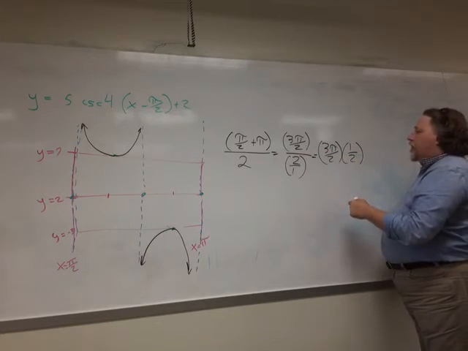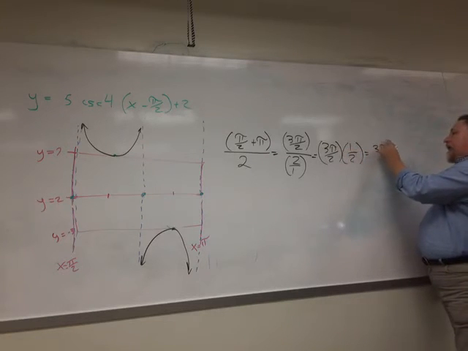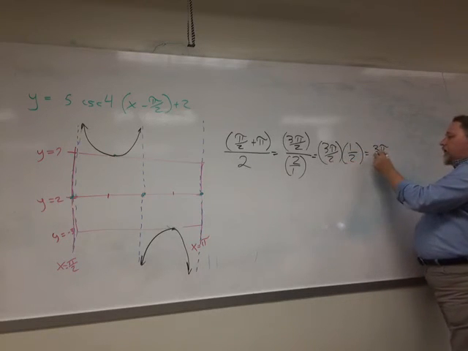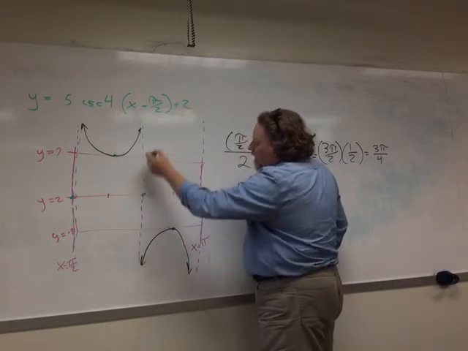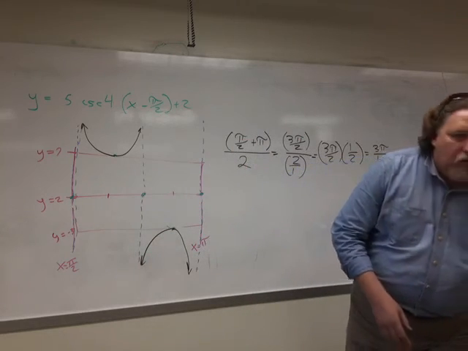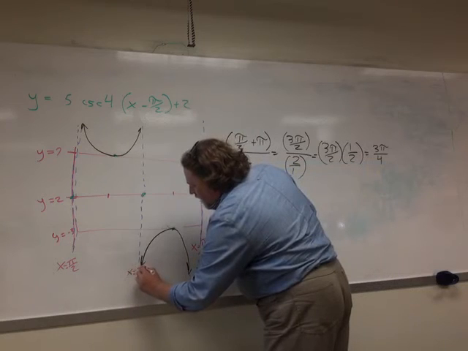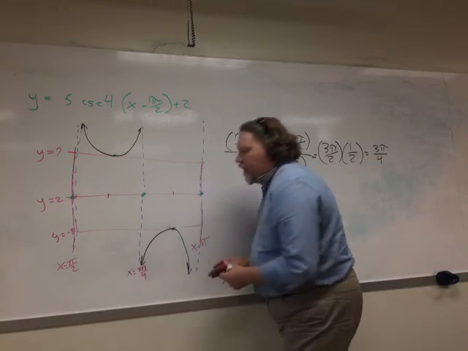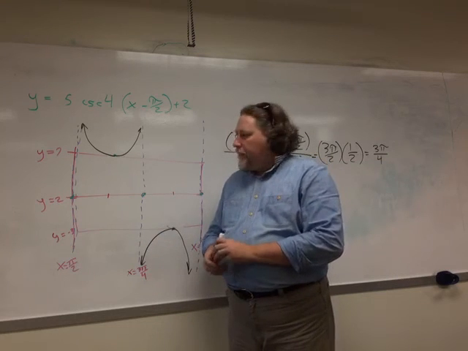And now I just multiply straight across. 3 pi times 1 gives me 3 pi. 2 times 2 gives me 4 in the denominator. So now I can tell you that this dashed line right here is located at x equals 3 pi over 4. x equals 3 pi over 4, exactly halfway in between the other two.